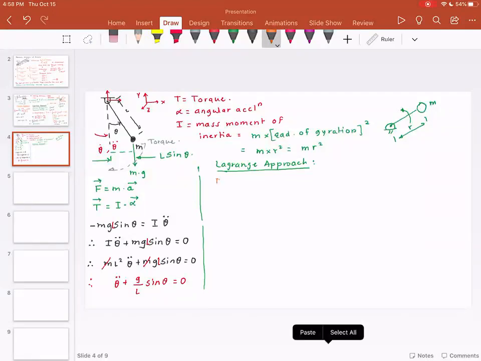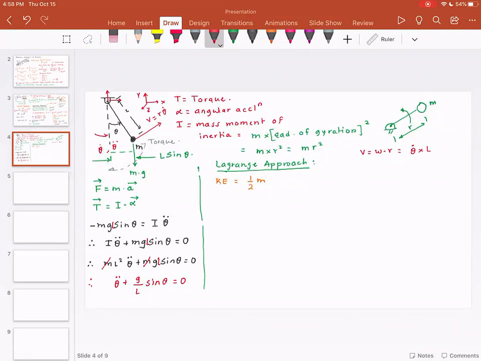Kinetic energy is equal to 1/2, then you have mass m and the velocity of the mass. This velocity of the mass, v, is r theta dot. Remember this equation from mechanics: velocity is equal to omega times r. Omega is theta dot, r is L. So you have theta dot L.